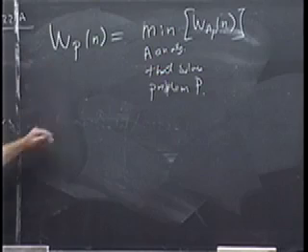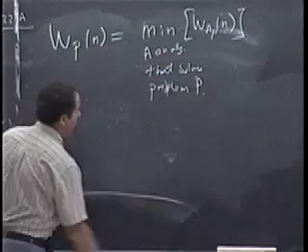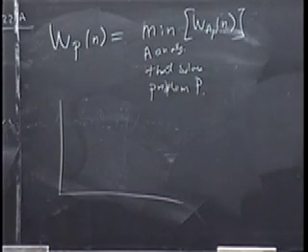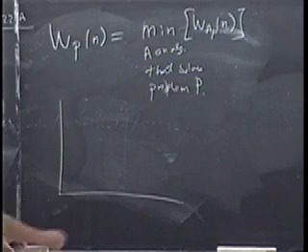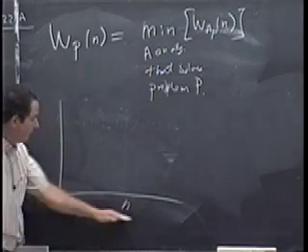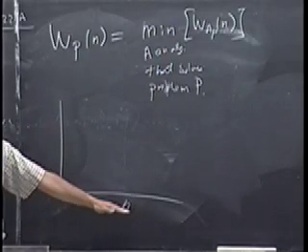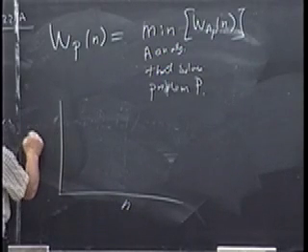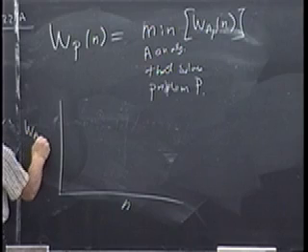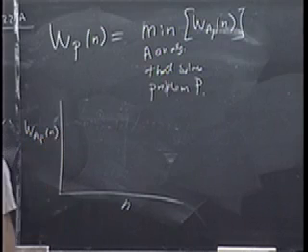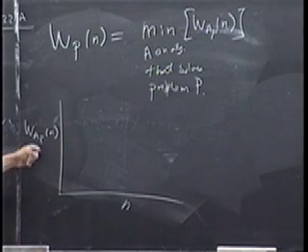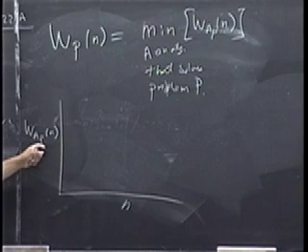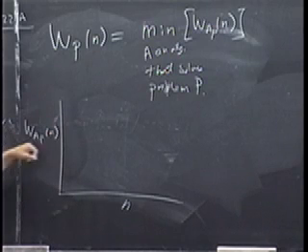This may be a little more abstract and a little bit weirder than most people are used to. But again, I have a picture where I have along here the input size, n. And along here, I would have W_A(n). We're talking about specific algorithms that solve problem P, and their behavior as a function of input size.